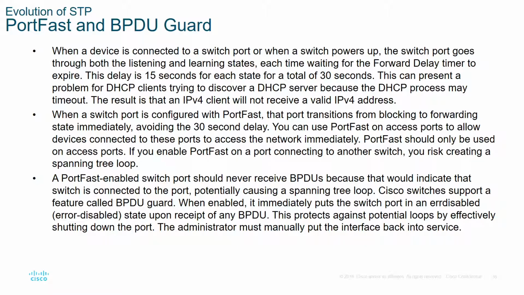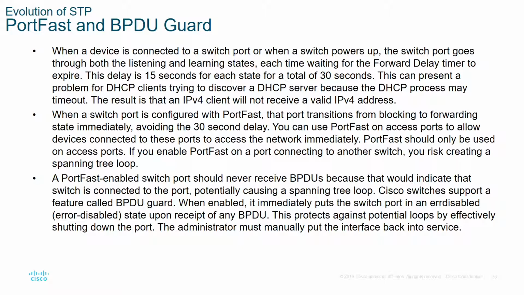While it's still learning and listening on that particular port, it's not doing any forwarding. So if you're getting DHCP requests from clients looking for servers, they may not be getting through, and it might cause the DHCP process to time out. So we've got this 30-second window.